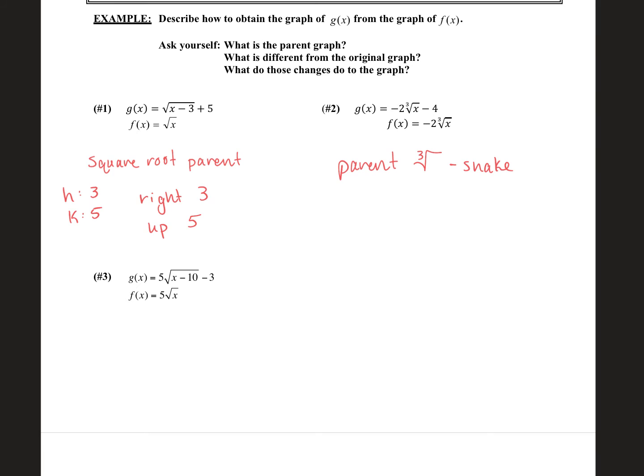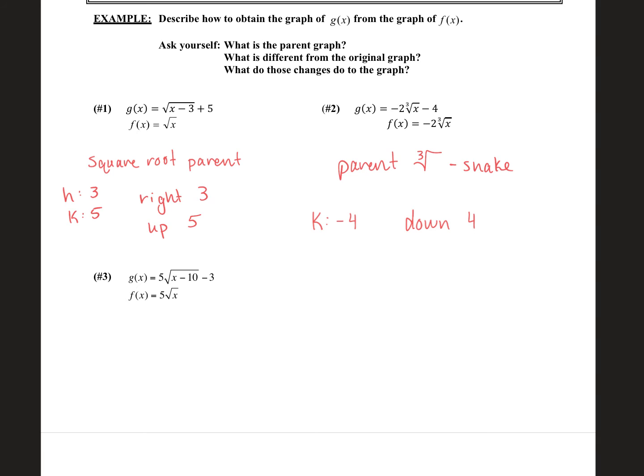So in this problem, our k is -4. So that's the difference there. If k is -4, the transformation is we're moving down 4 units.